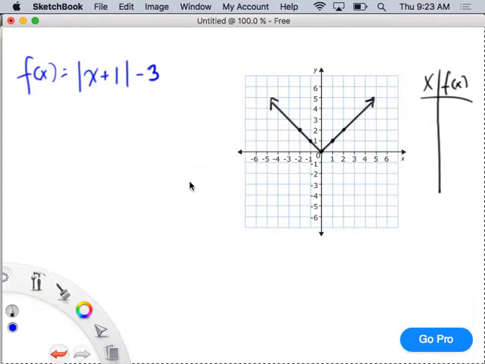So go ahead and do this one on your own now. It's easiest if you start with the parent function, absolute value of x, plot that first, and then go ahead and apply your transformations. This is just for now, while we're learning.